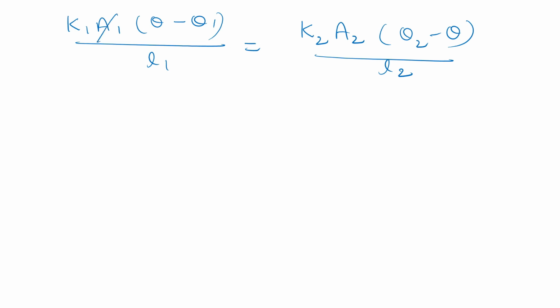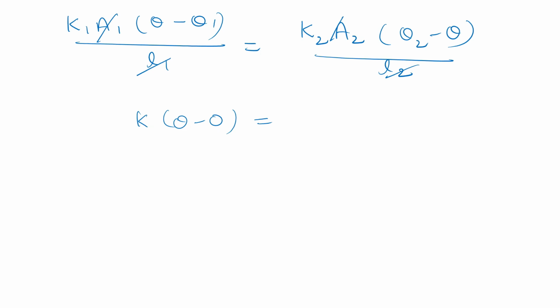So A1, A2, L1, L2 get cancelled, and the remaining is theta minus 0 is equal to K2 by K1 times (100 minus theta).